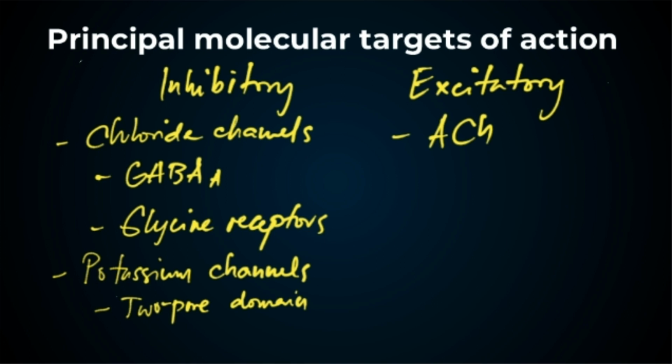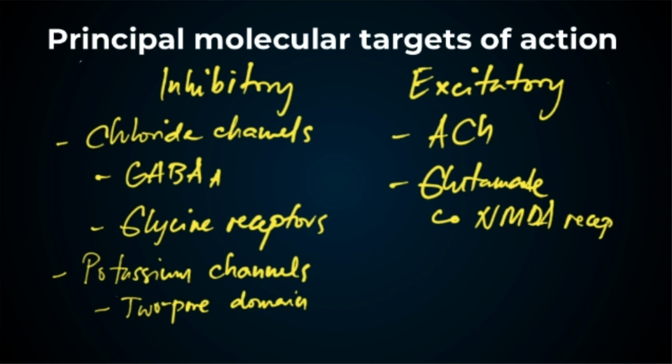Also those that are activated by glutamate, of which the NMDA receptors are one, are inhibited by ketamine, nitrous oxide, cyclopropane, and xenon. And also ion channels that are activated by serotonin, specifically the 5-HT2 and 5-HT3 receptors.